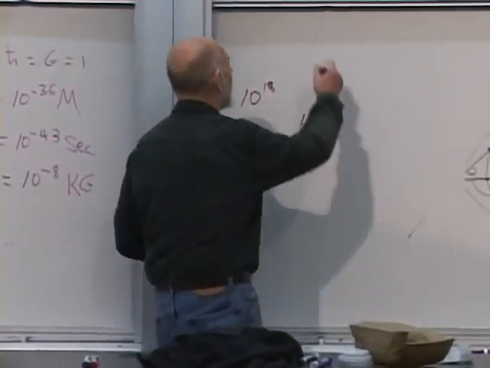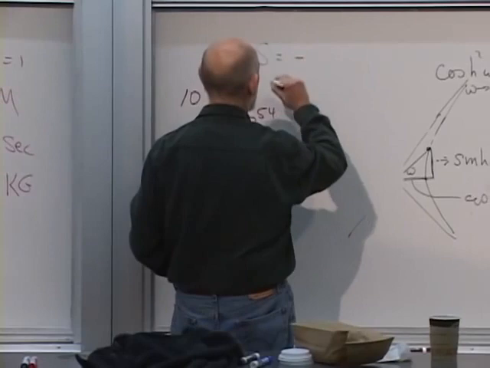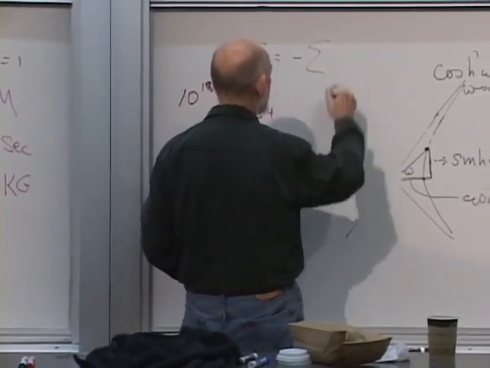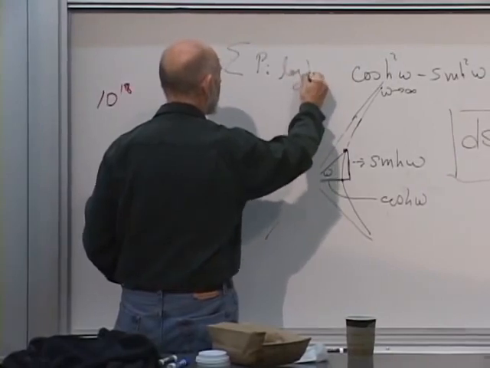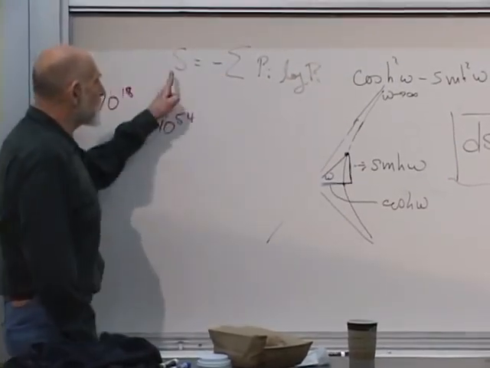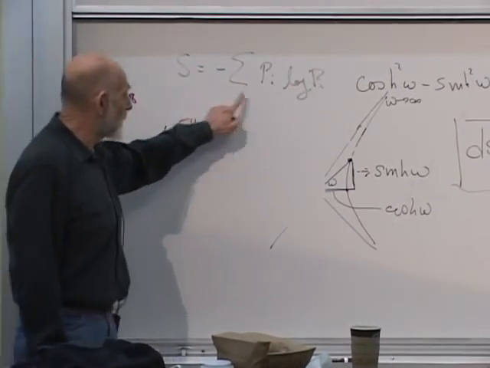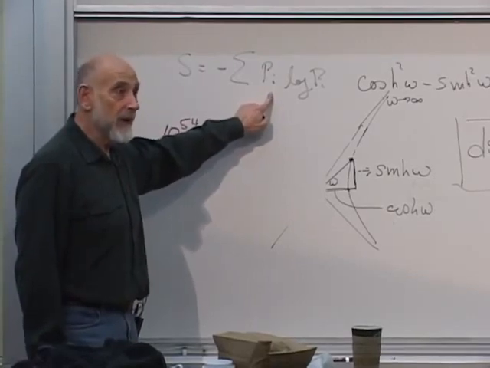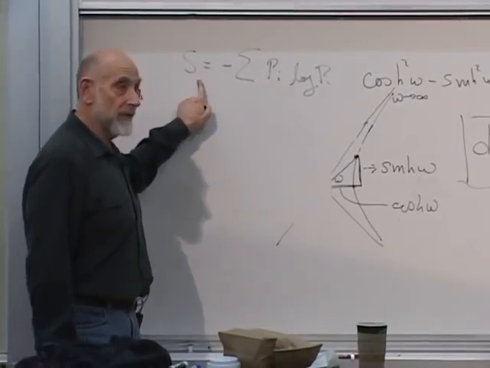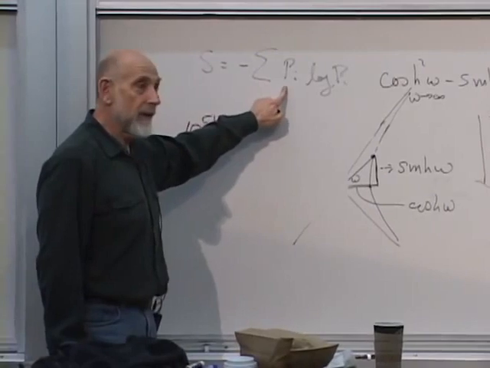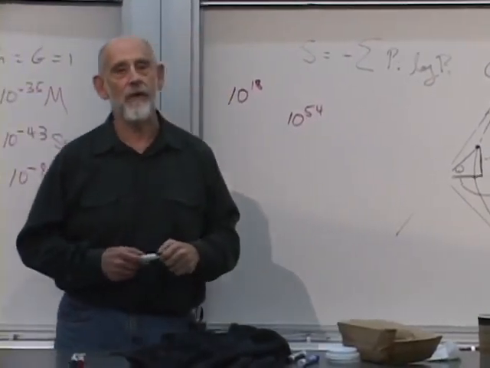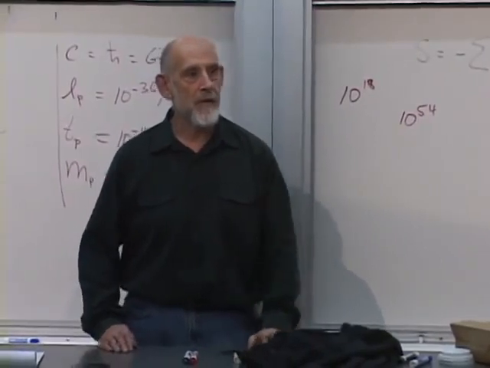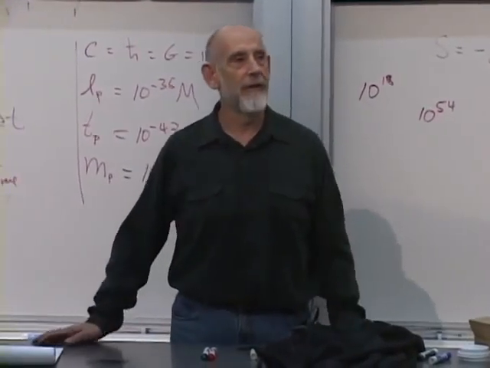No. Entropy is minus the sum over all configurations of the probability of the ith configuration times the logarithm of the probability of the ith configuration. This is one number, and one number can't determine the p's. The p's determine S. S is given in terms of the p's. But this is taking us far afield.